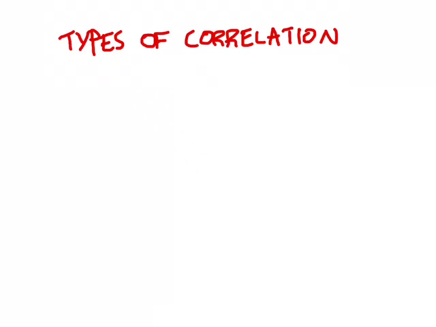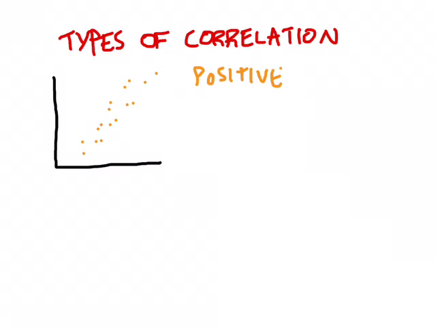That gets us to the idea of the different types of correlation. What we just saw was a correlation that looked kind of like this, where the dots in our scatter plot are gradually moving up and to the right. This is called a positive correlation. And what it means to have a positive correlation is that the data is moving together.